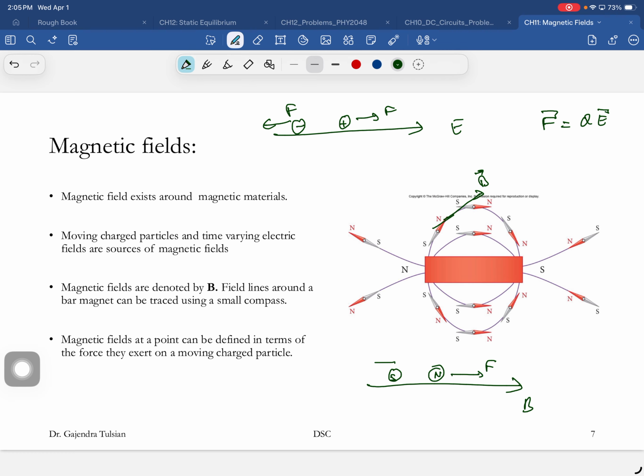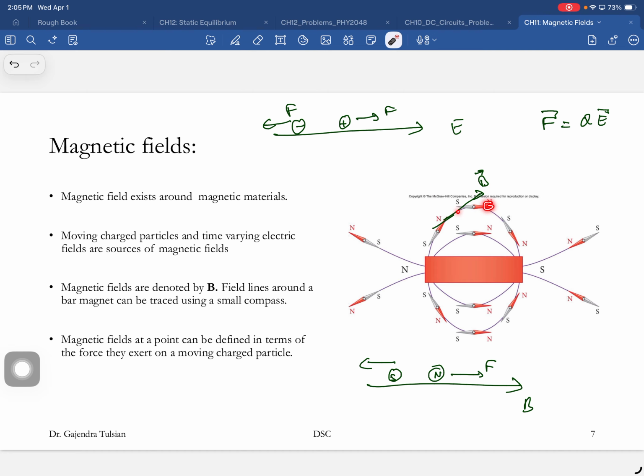Coulombs per second is called an ampere. So it's Newton per ampere meter. This combination of units is called a Tesla, after Nikola Tesla, the famous Tesla after whom the car is named.